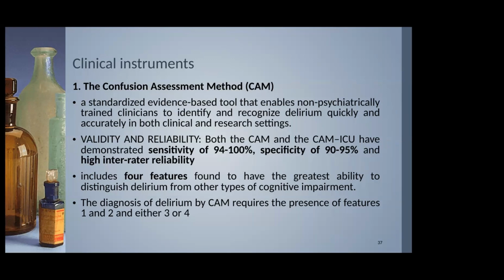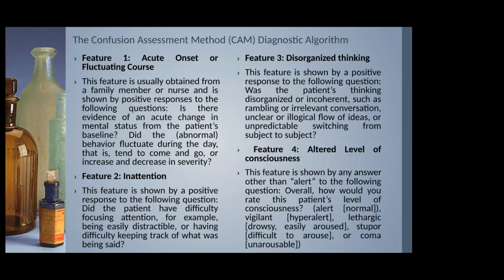The Confusion Assessment Method has four features. The first feature is acute onset or fluctuating course. This feature is usually obtained from a family member or a nurse, and is shown by a positive response to the following question: is there evidence of an acute change in mental status from the patient's baseline, or did the abnormal behavior fluctuate during the day, that is, tend to come and go or increase and decrease in severity?